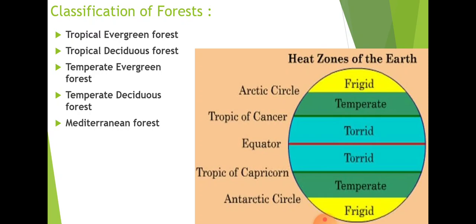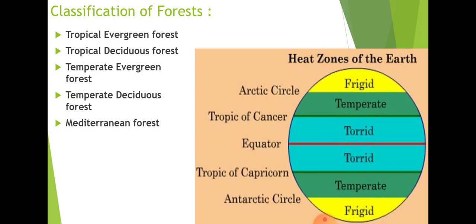Now what you have to understand is that the forests found in those regions are named after those areas. Likewise, we have to learn the tropical evergreen forest and the tropical deciduous forest.